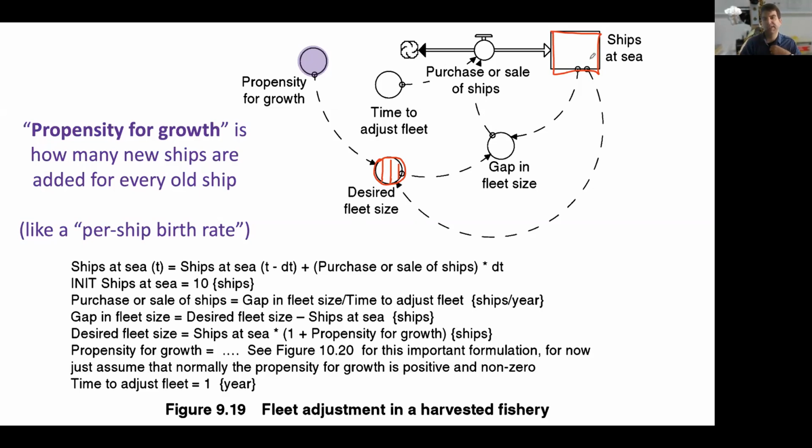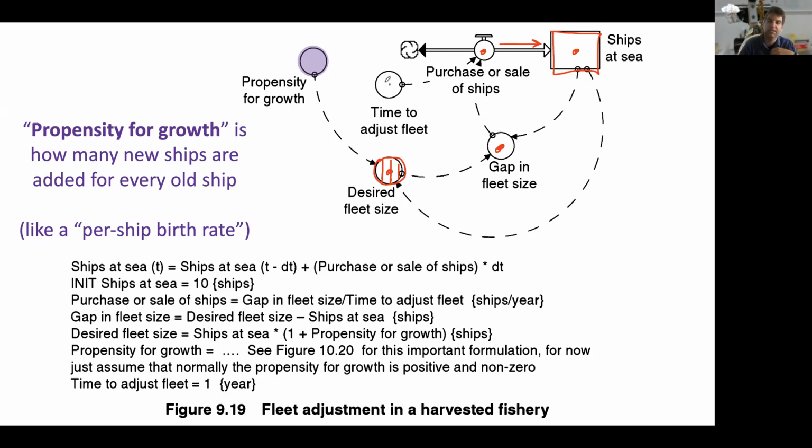So you can imagine there's a current number of ships out there at sea. There's a number of ships that the owners would like, and they are going to look at the gap between those two and then make investment decisions. They might purchase, or maybe they want to sell, so they want to get rid of some of their ships. And that will affect the flow into the number of ships. But whatever they do, whether deciding to sell a ship or buy a new ship, it's going to take time to adjust.